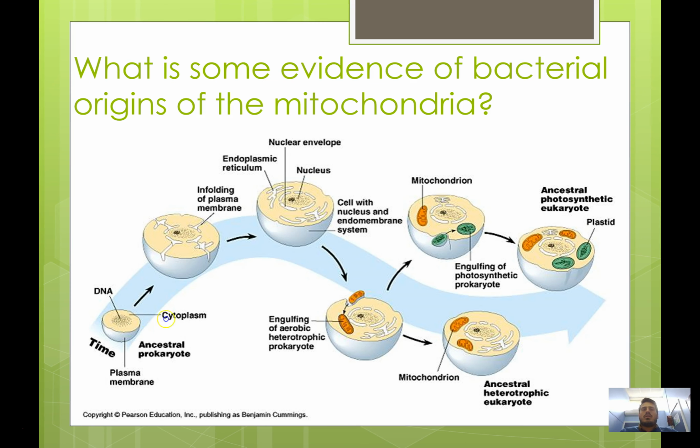All right, so some of this information can give us more information about the evidence of the bacterial origins of the mitochondria. This works just like the evidence of bacterial origins for the chloroplast.